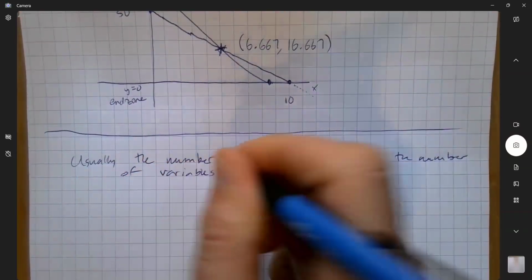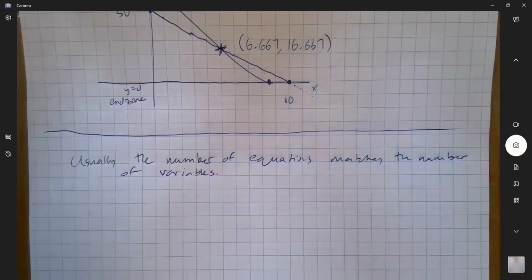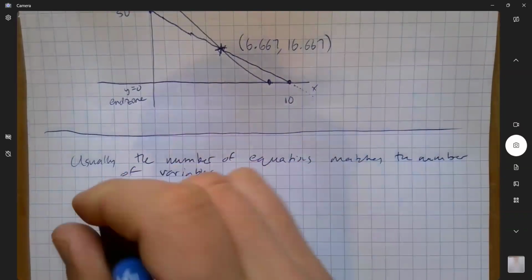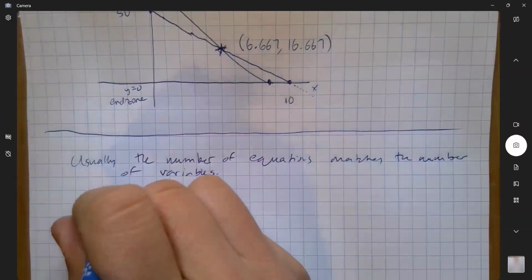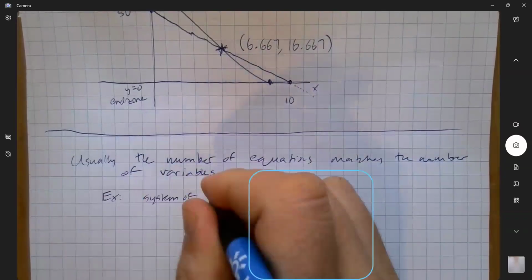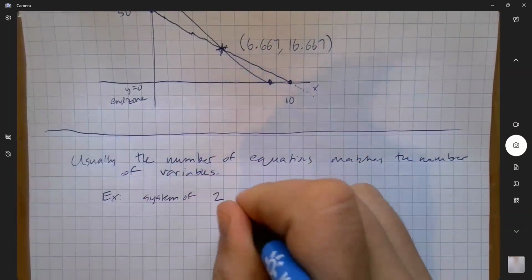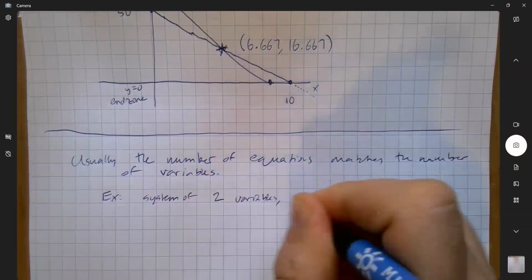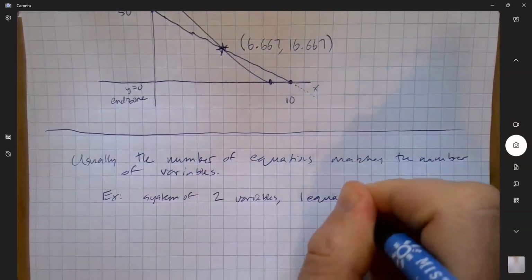If that is the case, then you can potentially solve your equation. So let's just look at an extreme example. Let's do a system of two variables, but just one equation.